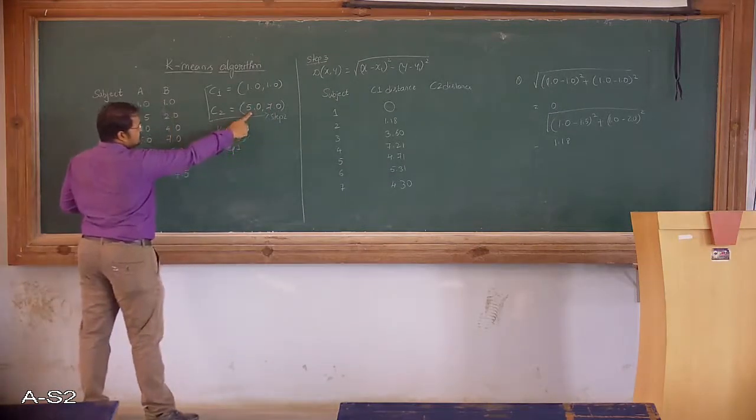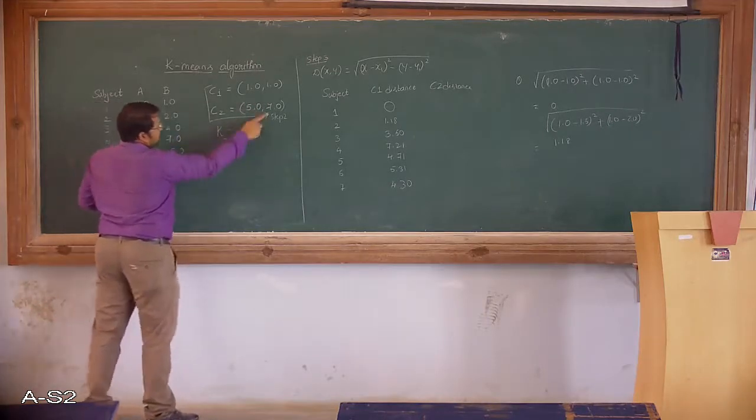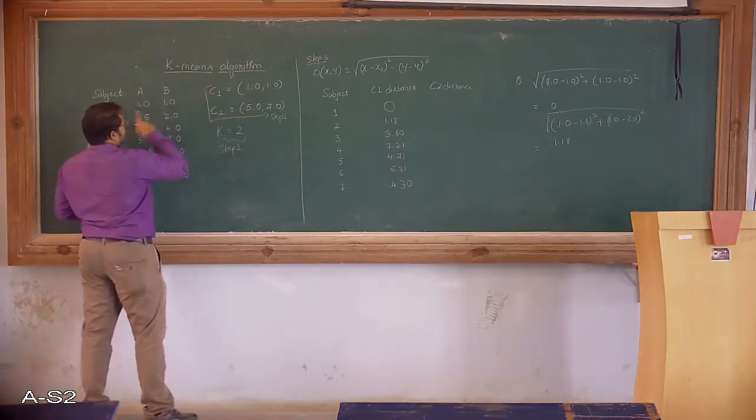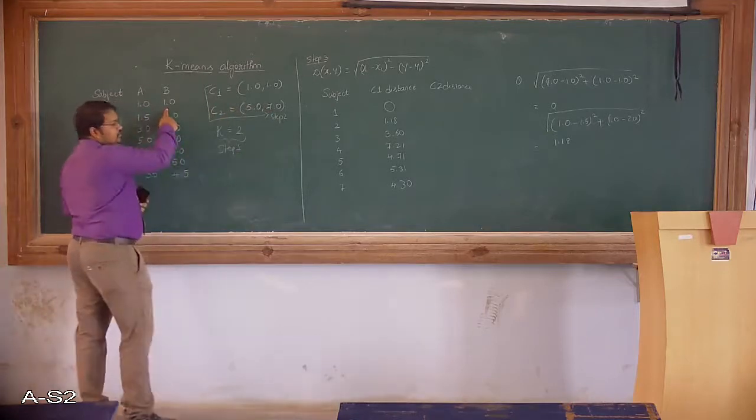So in the same way, for cluster 2, we are going to take these two values with these two values, where this becomes x for the cluster 2 distance, this becomes xi, this becomes y, this becomes yi. So it will be 5.0 minus 1.0 whole square plus 7.0 minus 1.0 the whole square.